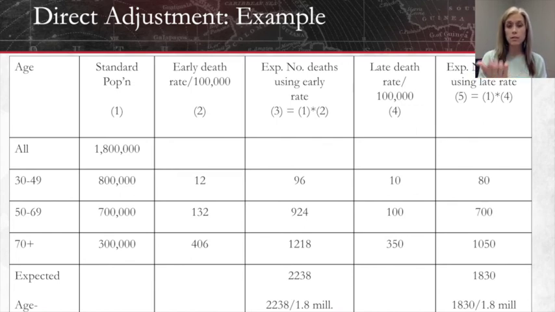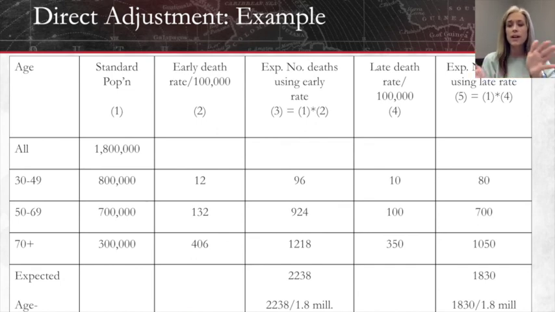The way you calculate the expected number of deaths is you take the standard population, so 1 times 2, which is the death rate you calculated on the last slide, and that yields 3, the expected number of deaths. Then you add them all up, and you get an age-adjusted rate using that standard population, okay?